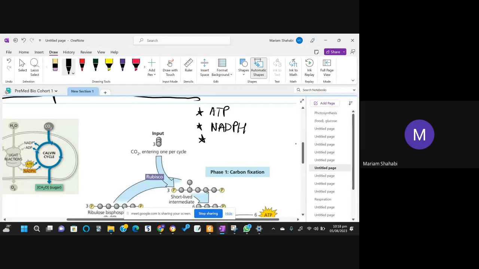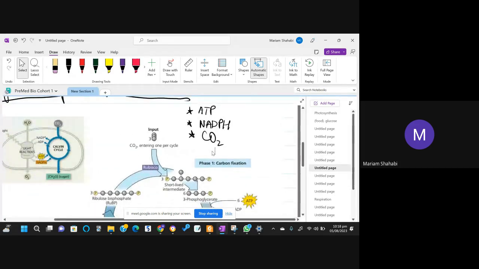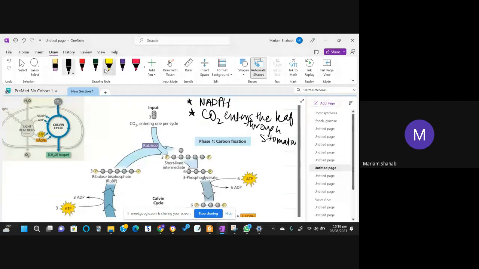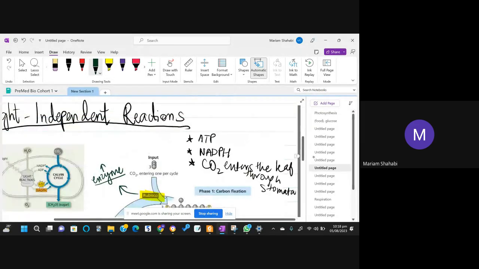Now we will get CO2, and CO2 will enter. CO2 enters the leaf through the stomata, and it is captured by an enzyme called Rubisco. Okay, now this is an enzyme, and I think it is supposed to be the most abundant enzyme.